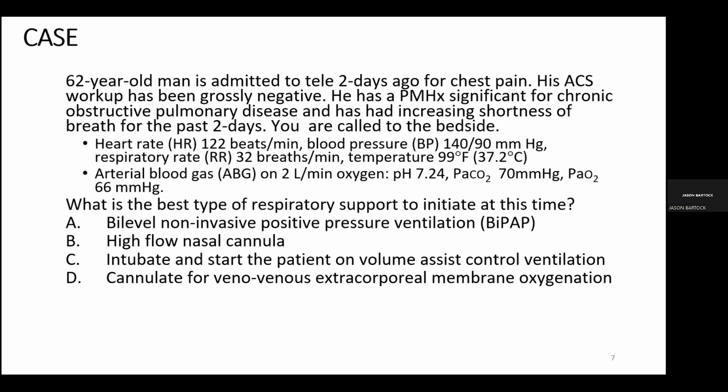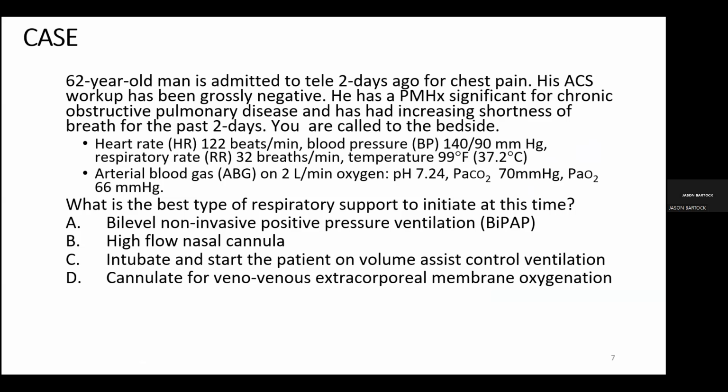Arterial blood gas drawn by a respiratory therapist on 2 liters of oxygen shows a pH of 7.24, a PCO2 of 70, and a PO2 of 66. What is the best type of respiratory support to initiate at this time, right? So you have a 62-year-old gentleman who comes in for chest pain, found to not have an acute coronary syndrome, but is having worsening respiratory distress over the last 2 days.